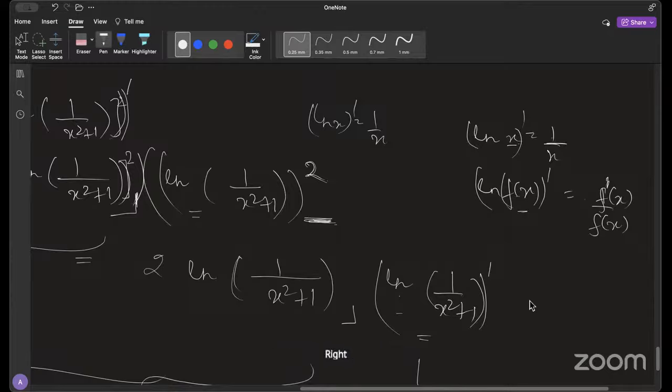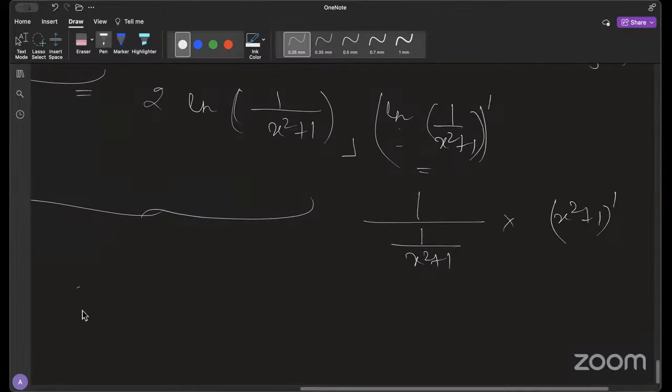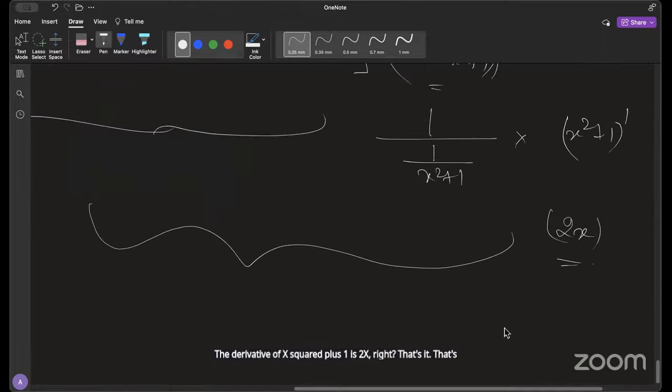Here you'll get 1 by x square plus 1, and then the derivative of x square plus 1. Keep everything same as above and find the derivative of x square plus 1, which is 2x, right? That's where your question ends.